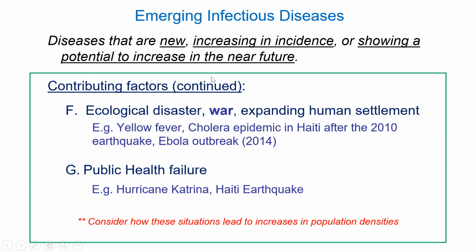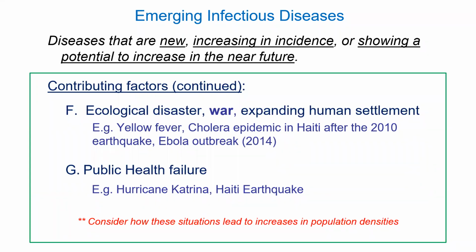What other things, right? All sorts of ecological and wartime things. These all really mess up what we have going for us. You can see, for example, if you look back at some of these disasters, Hurricane Katrina, the amount of illnesses that ended up in New Orleans, that earthquake in Haiti. What year was that? That was probably 10 years ago now.